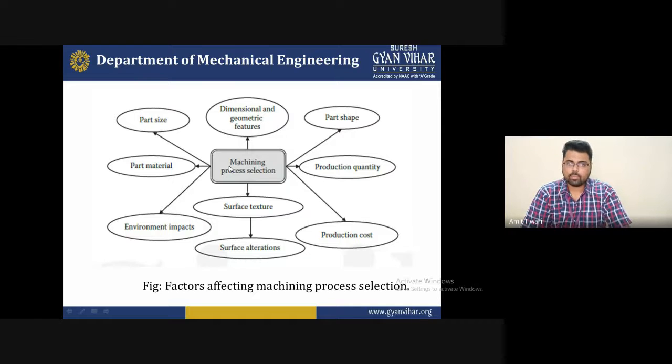Third is the environmental factor impact. Environmental effect, for example, if you are doing machining, what type of stresses act on it.